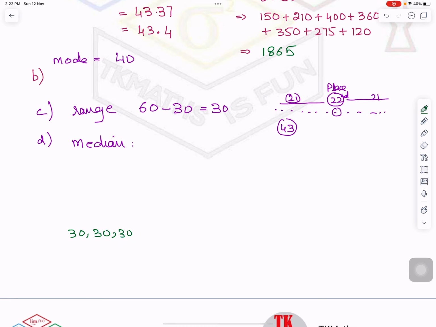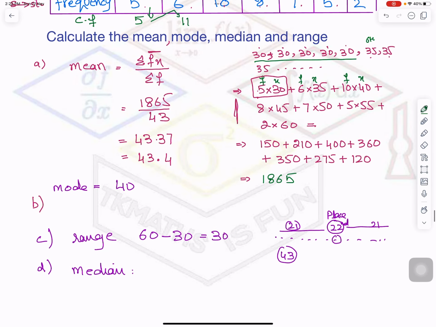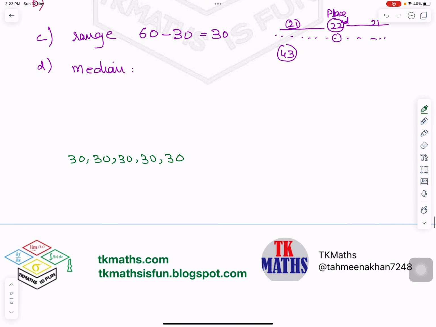So let me write here just to show a bit. First of all, suppose I'm writing 30 here 5 times, right? And then it is 35 for the next 6 places. So it means the first 5 places are these students' marks. Then this is my 6th place to 11th place.